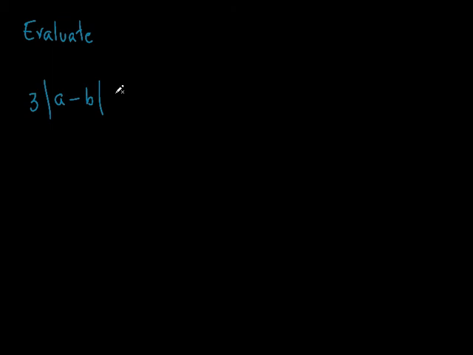Kind of acts like a parentheses, but it does a little bit more than a parentheses. Hopefully you recognize that little bar straight up and down. That's absolute value. Absolute value means it's basically how far away a number is from 0. Or we just say whatever's in here, it's going to be positive. It's not necessarily the opposite sign. Sometimes it is, but it's always positive.